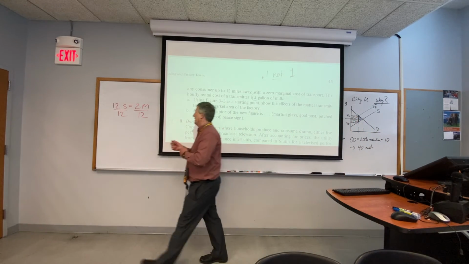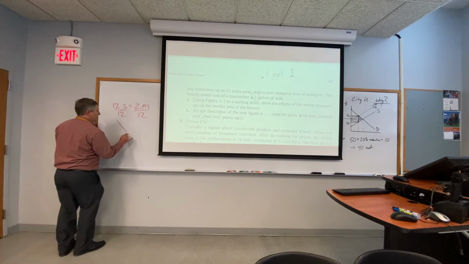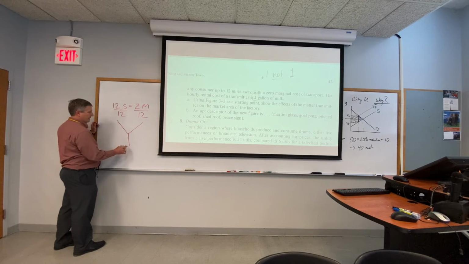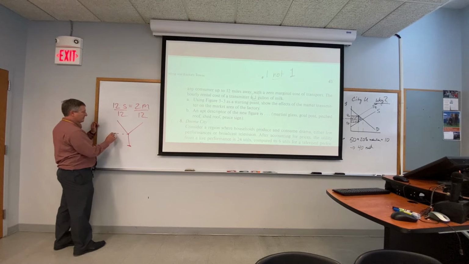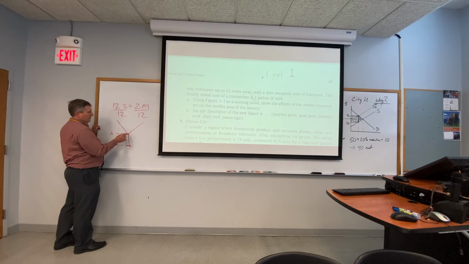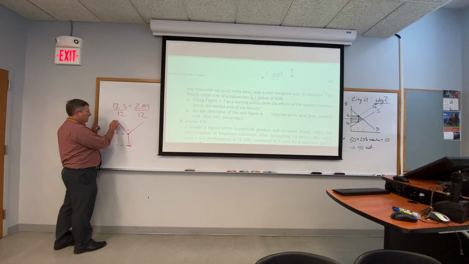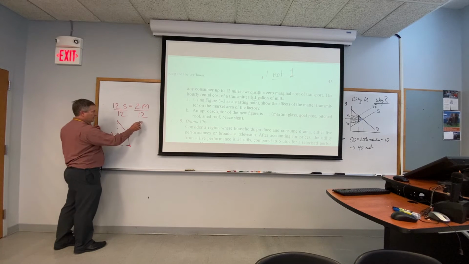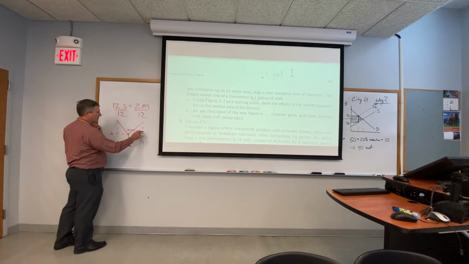So we had the original looking something like this with the 0.1, or this was 0.3, and so now we have to pay for the matter transmitter, but we can go all the way out to the area at the same cost.